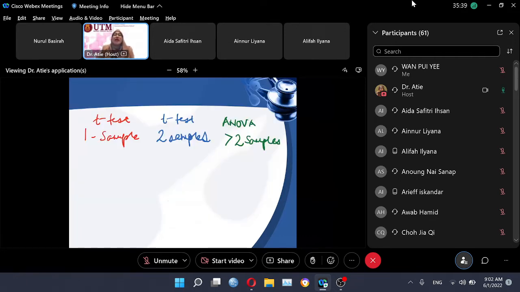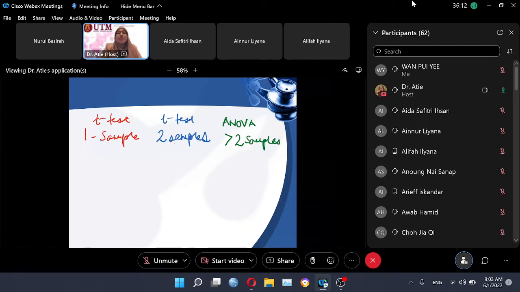What is actually ANOVA? ANOVA is an extension of the t-test. We have learned the t-test before, in our previous chapter, chapter 8. The first step of the t-test is one sample, where we use the t distribution, and then we proceed to the next level, which is the t-test for two samples.